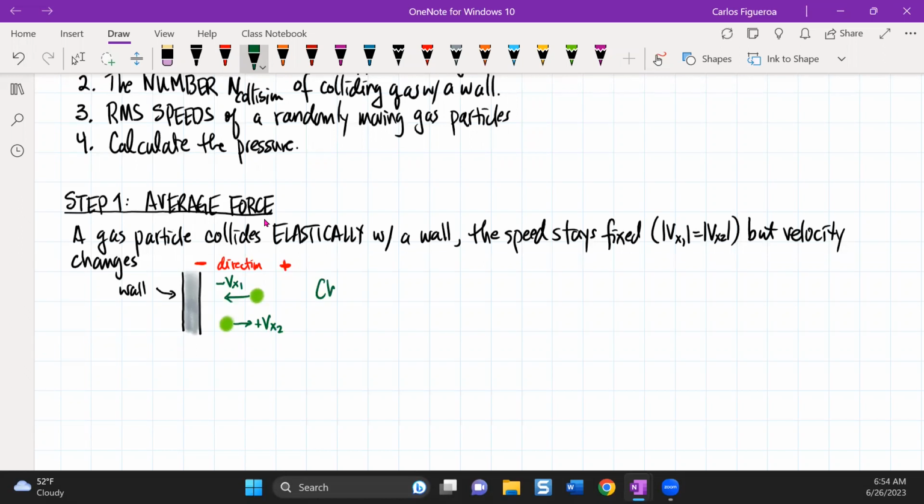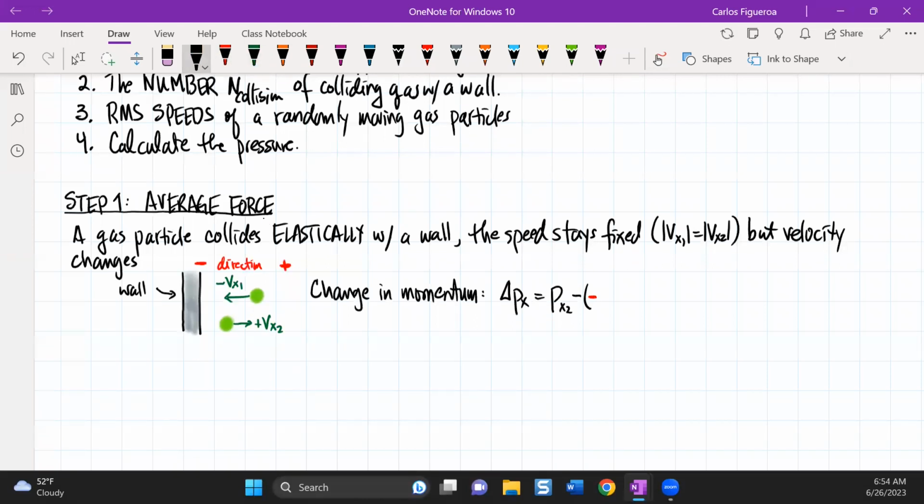So then I have a change in momentum. If I look at the momentum in the x direction, I get that minus, and remember, there's that second minus sign.